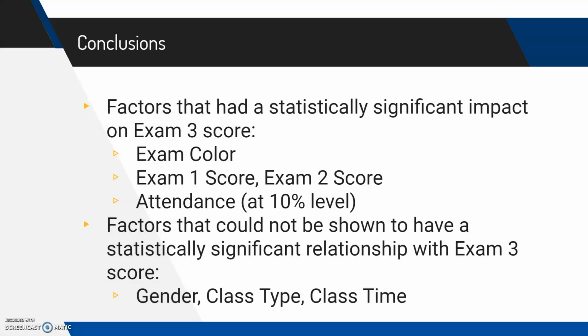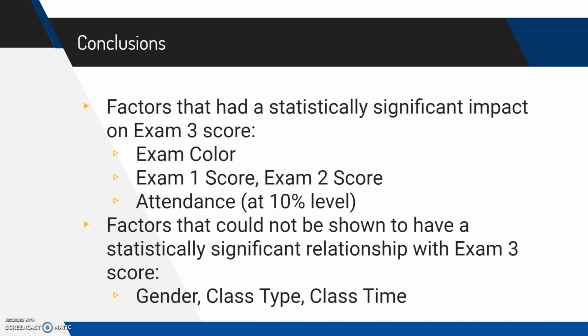So to conclude, I looked at different things that affected exam 3 score. For your projects, you might not just look at one response, you might have multiple, and that's fine. The factors that I found that had a statistically significant relationship with exam 3 score were the exam color and the previous exam scores. Those had p-values of less than 0.001.